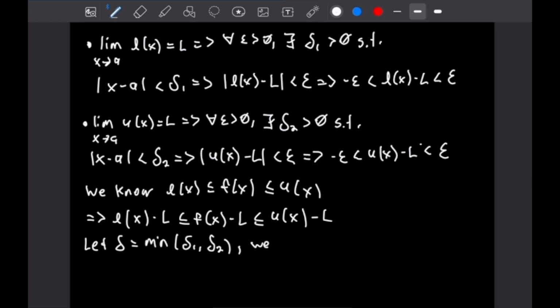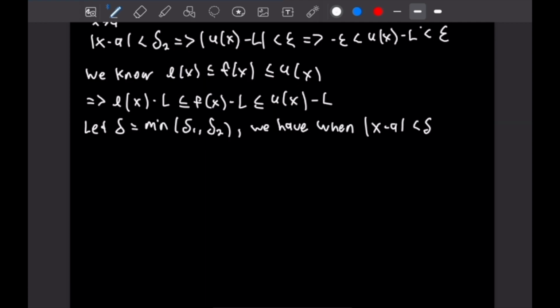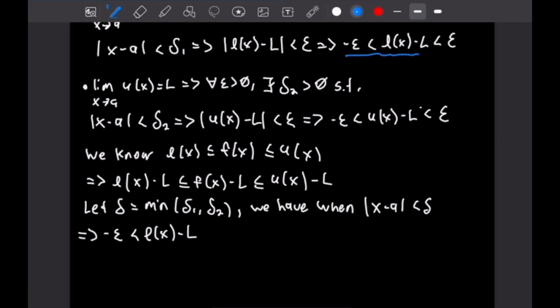And so we have when the absolute value of x minus a is less than delta, the following inequality holds. We have negative epsilon is less than L of x minus L, and that is from this part right here. And that is less than or equal to f of x minus L, which is less than or equal to u of x minus L, but that is strictly less than epsilon, and that is from right here.